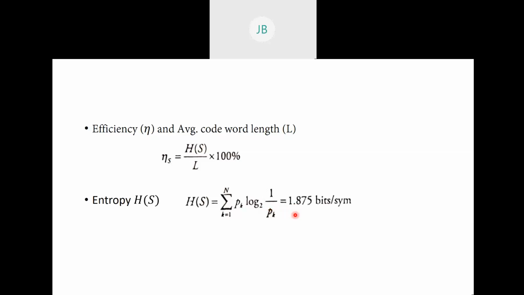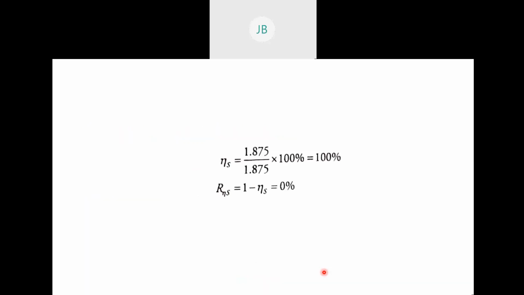That's the entropy value. Then the average code word length L is the probability of the symbol multiplied by the length in number of bits of its code word. This is computed for all the symbols, and the summation gives 1.875 bits per symbol. Now it's very clear how to find the efficiency.